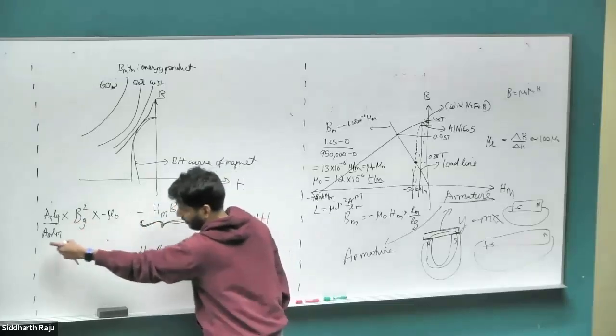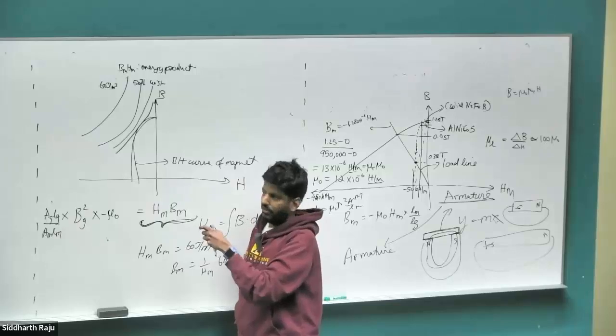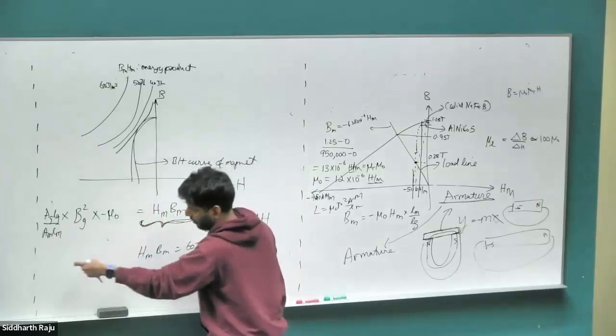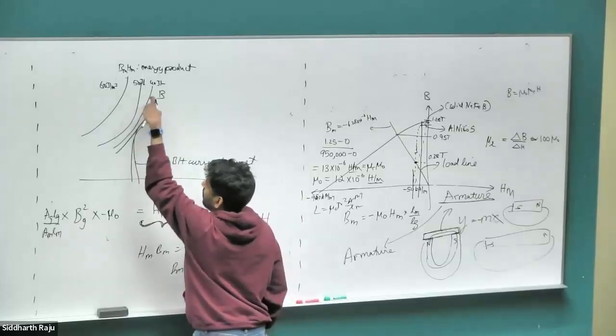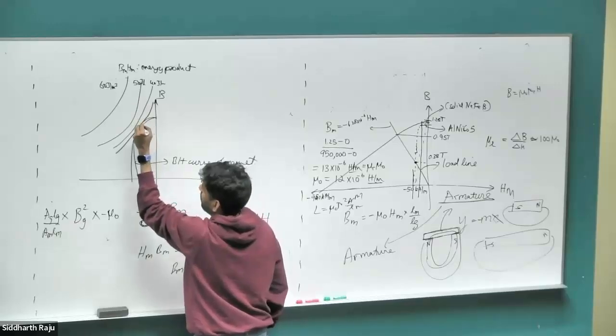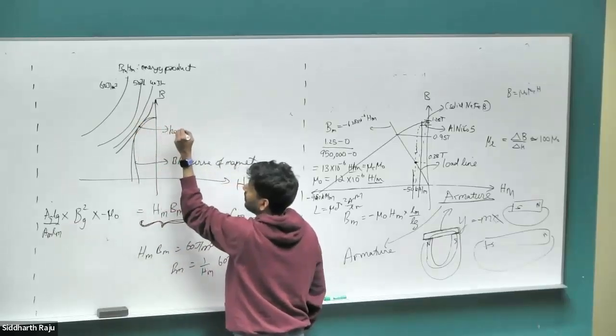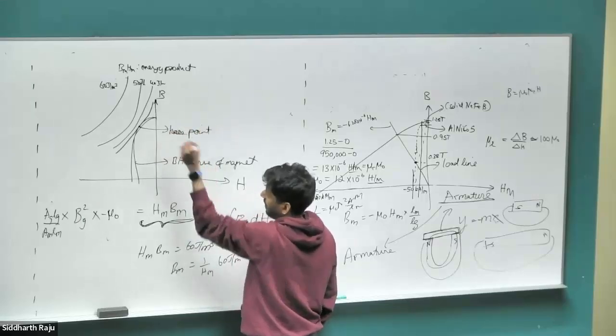So if you reduce this, the only option you have is increasing this product HMBM. So you want to maximize this as much as possible so that you can minimize this as much as possible. And the way you maximize this is basically have these curves and see where it intersects your BH curve, and whichever point it hits, the knee point, that is the maximum energy density of the magnet that you have.